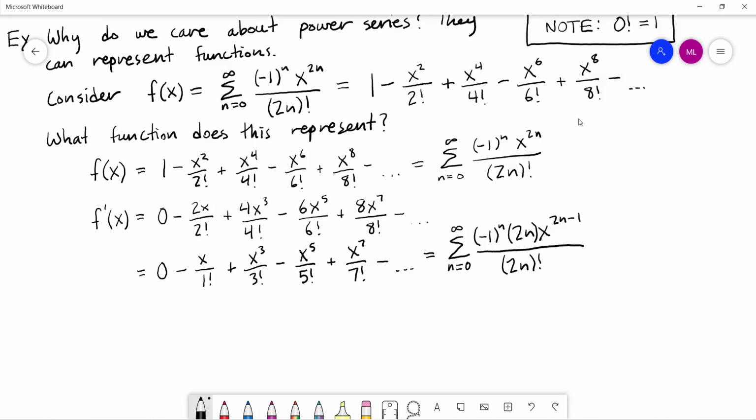Let's just go back and say n equals 0. The only thing that I want to note is that this gets a little screwy, because when n is equal to 0, what's happening here? Well, we're getting x to the negative first power, and that's not something that we want to have happen here.